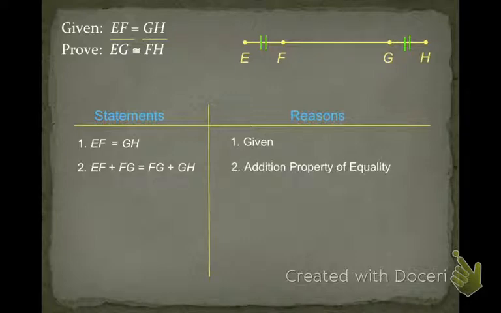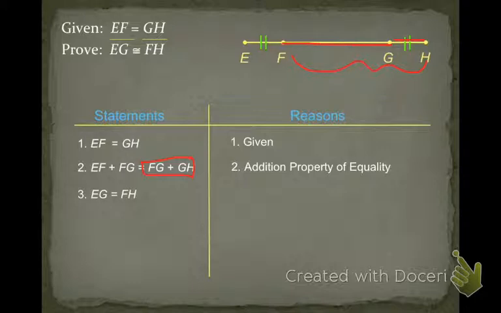Well, now that we've done that, we can take this EF plus FG. So in our diagram, here's segment EF, and we're taking FG, we're adding it together, and that's going to get us our entire distance EG. And if we take this right side of the equation, FG, and add GH, then that gets us this distance FH.